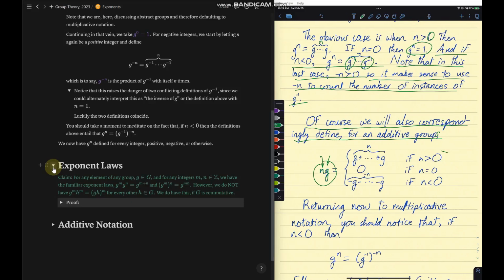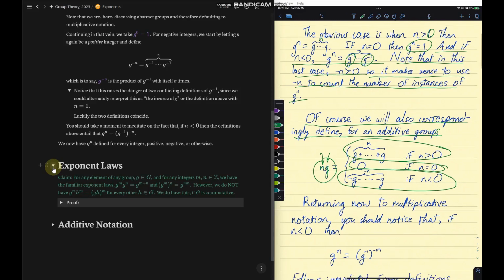Anyway, when n is positive, we add g to itself n times. When n is 0, it comes out to the identity. And when n is negative, it is subtracted from itself negative n times.